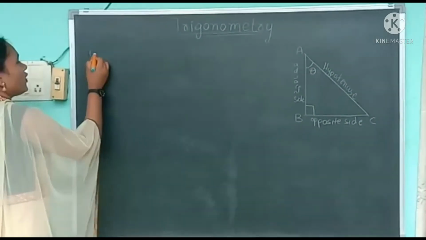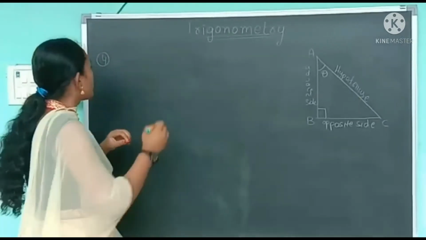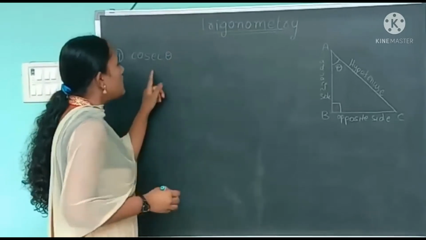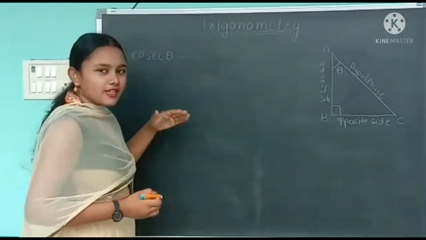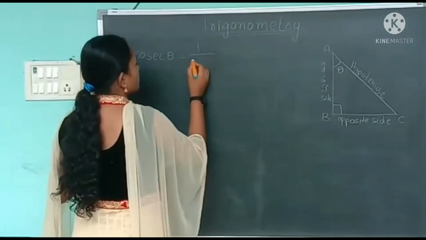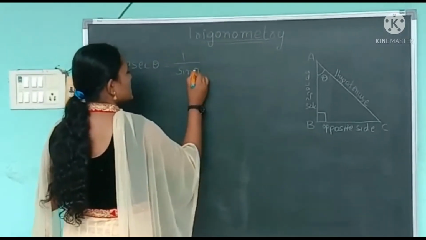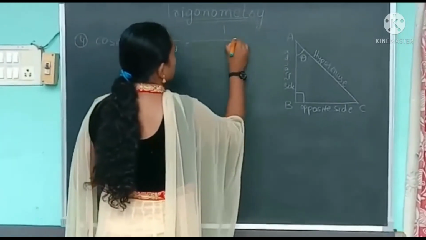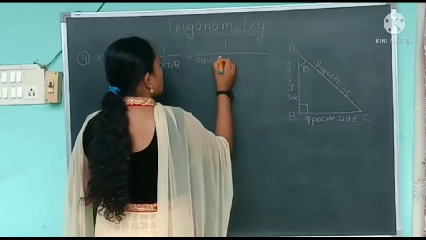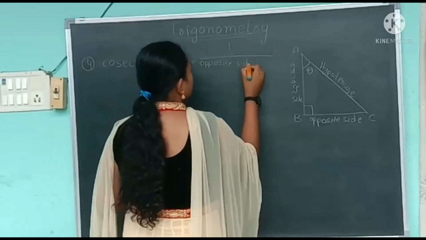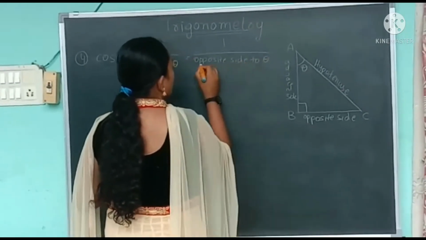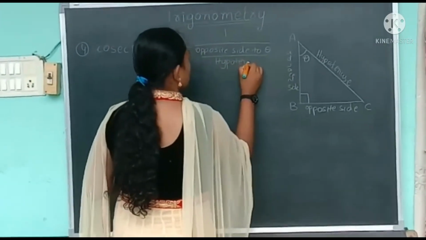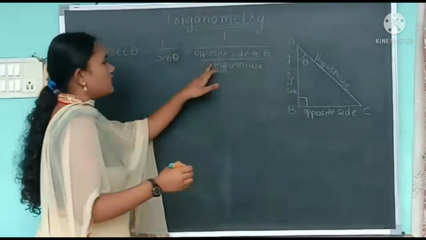So next, the fourth one, which is cosecant theta. What is cosecant theta? It is the inverse of sin theta, 1 by sin theta. What is sin theta? Sin theta is the opposite side to theta by hypotenuse.